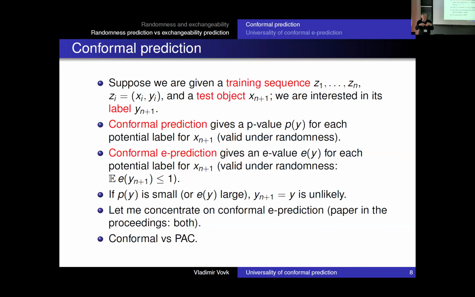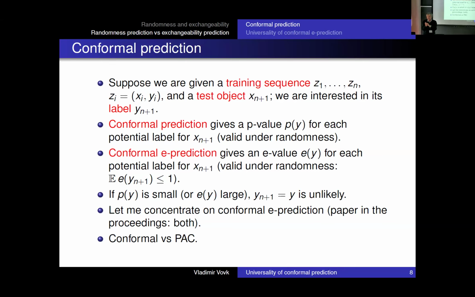This doesn't happen with conformal prediction. Conformal prediction has some guarantees of validity, but they are much weaker. And since they're much weaker, they are more achievable. When you do PAC theory, your results are conditional on the training set, which is very good. But why should they be conditional on the training set? In conformal prediction, the basic results are marginal. If you want to achieve conditionality, it's a separate topic.